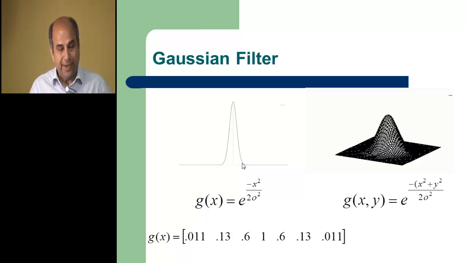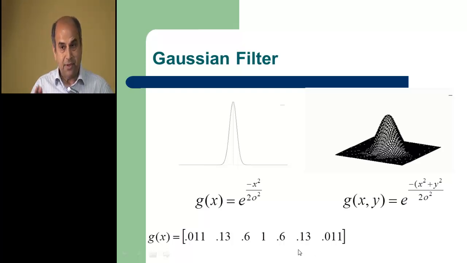So now we can take different values of x in this and substitute in this equation using your calculator. Then you will get the value of g of x. So suppose if I put x is equal to 0, what am I going to get here? 1. Great. If I put x is equal to 1 and sigma is 1, I'm going to get 0.6. x is equal to 2, I'm going to get 0.13. x is equal to 3, 0.011.